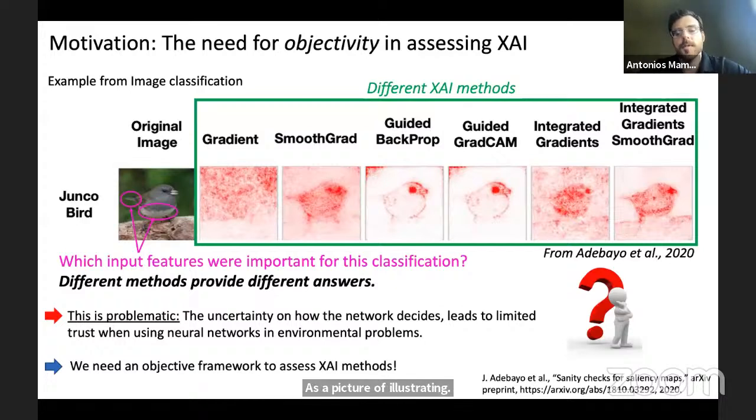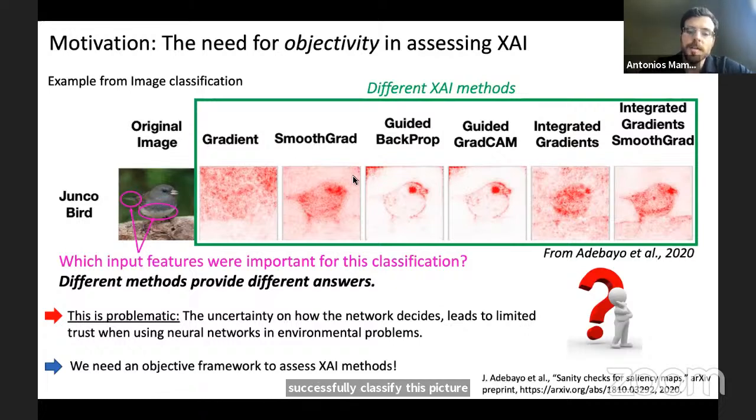And then the authors wanted to look into the network and use different XAI methods to try and gain insight about what features in the input were the most important features for the network to successfully classify this picture.